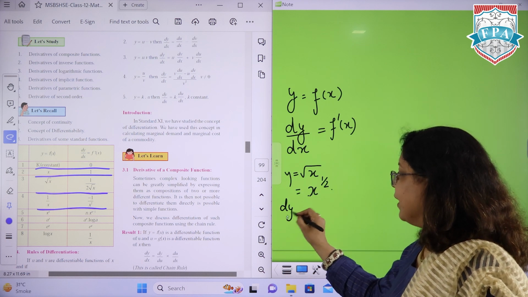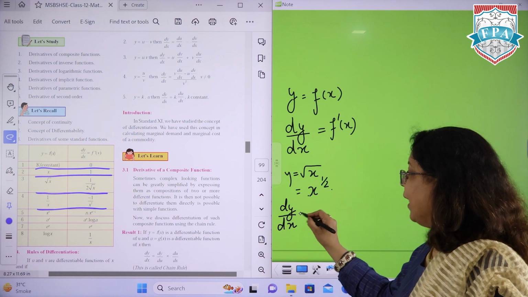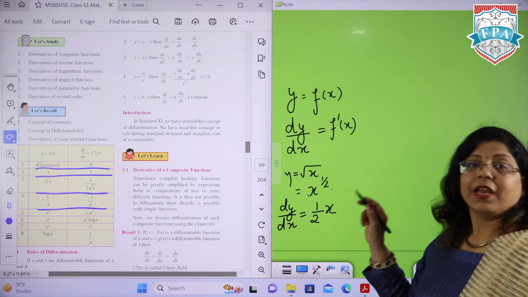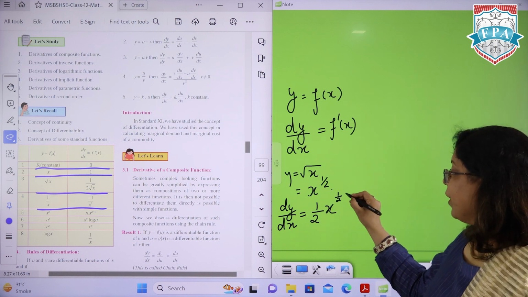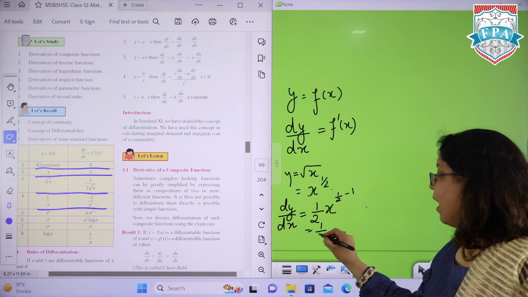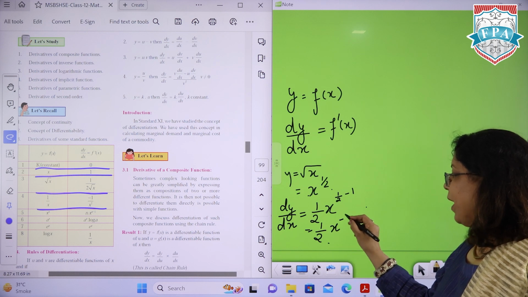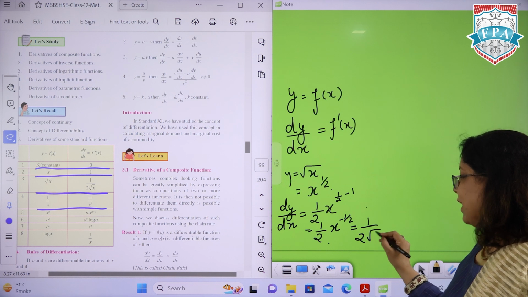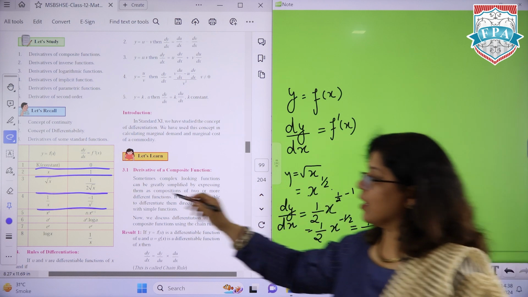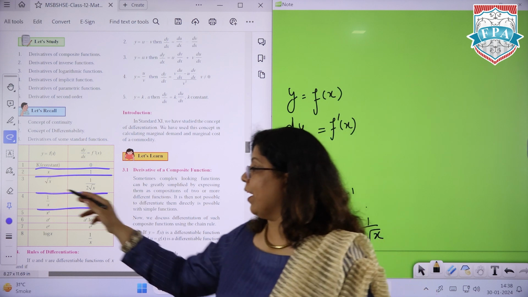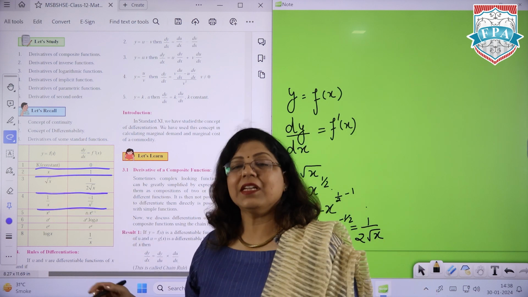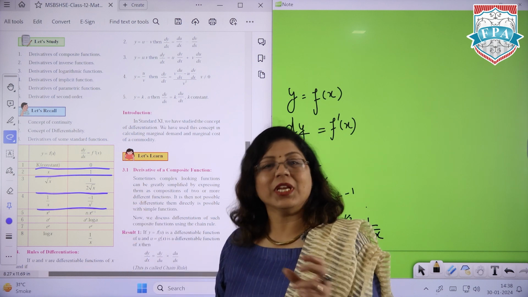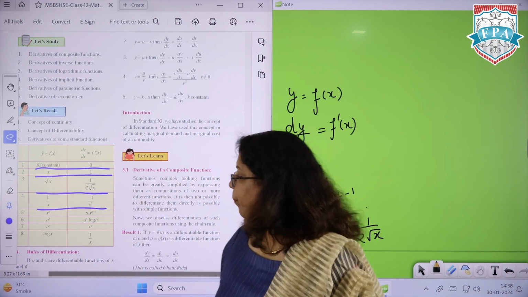So, dy by dx, using the formula n x to the power n minus 1, is half x to the power of half minus 1, which becomes half x to the power of minus half, and that's why we learn it as 1 by 2 root x, which is given over here. Similarly, for 1 by x also, it's in the same manner, but it's always better to learn them as formulae so that you won't waste time in doing that calculation.